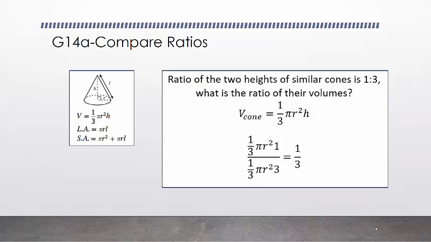So let's create a few. Compare the ratio of two heights of similar cones. The ratio of two heights of similar cones is 1 to 3. What is the ratio of the volumes?